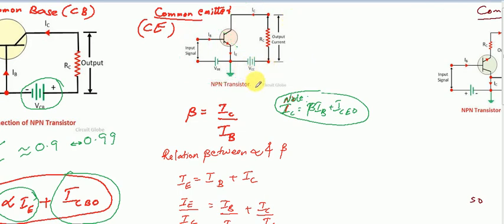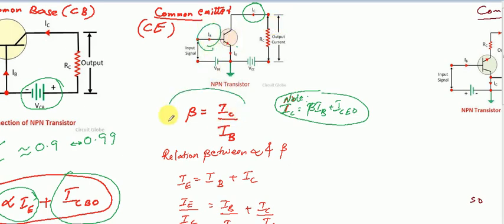In this case also we can learn the current amplification factor. What we learned in the last type of configuration, it is the ratio of output current to input current. Here also the same. So here the output current is IC, the collector current, and the input current is base current.